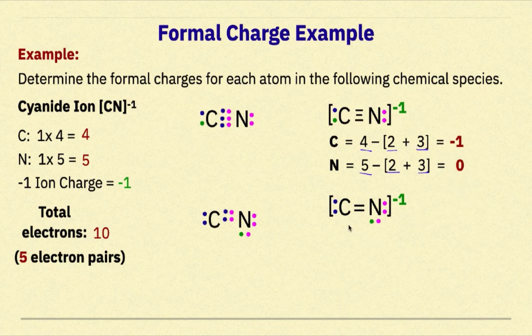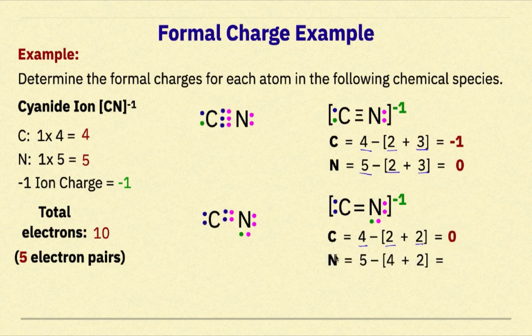Then if we look at the bottom structure, we have carbon, 4 valence electrons, 2 electrons involved in the lone pair, 2 bonds between the carbon and the nitrogen for an overall charge of 0. And then for the nitrogen, 5 valence electrons, 4 electrons involved in lone pairs, 2 bonds between the nitrogen and the carbon, and then we have an overall charge of -1.